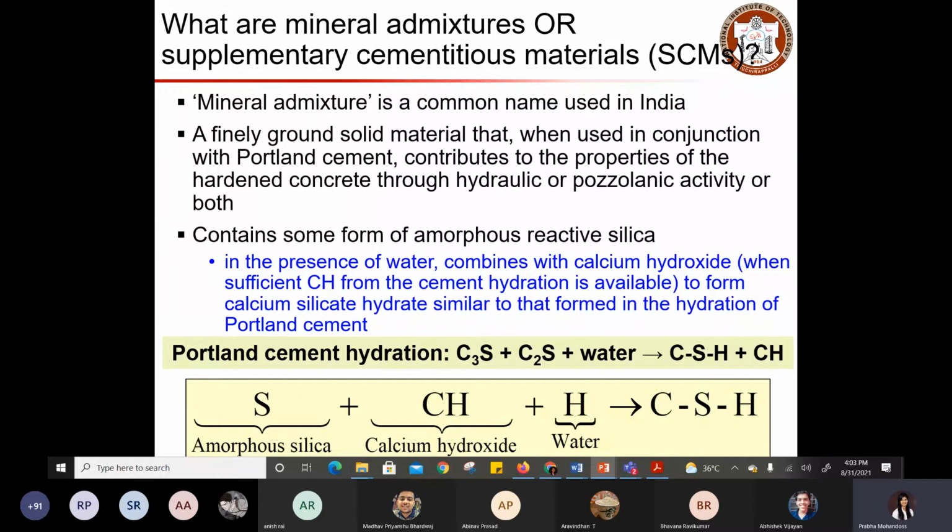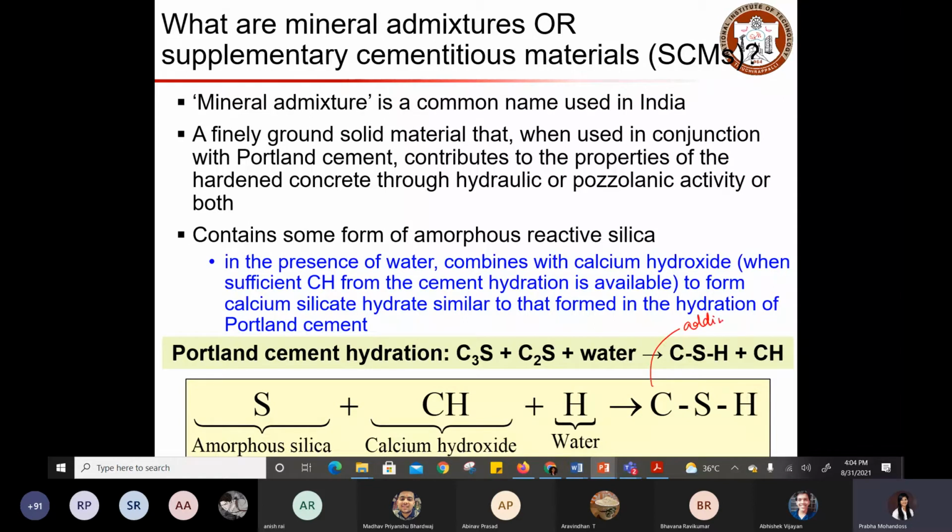The main mechanism here is the pozzolanic reaction, called pozzolanic activity. So what is pozzolanic activity? When you have something that could react with calcium hydroxide in the presence of water, that will result in additional CSH.